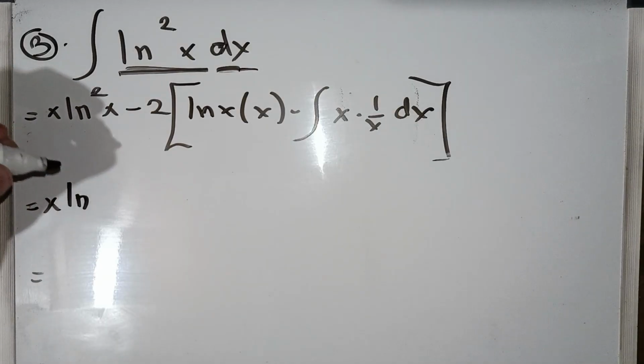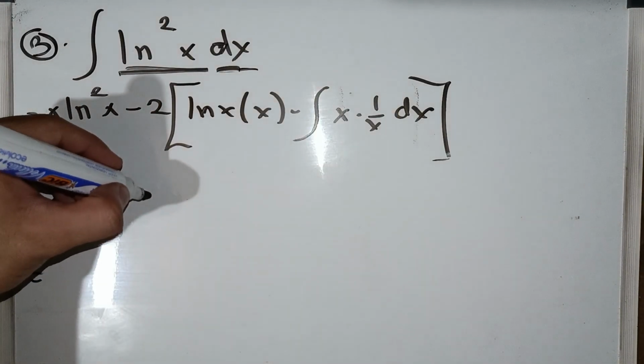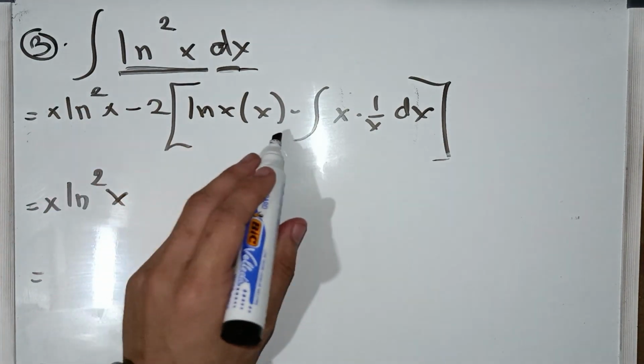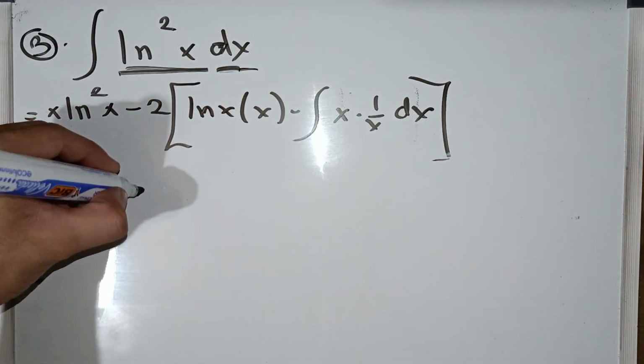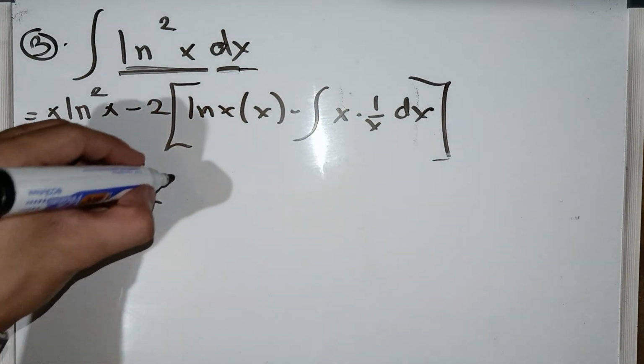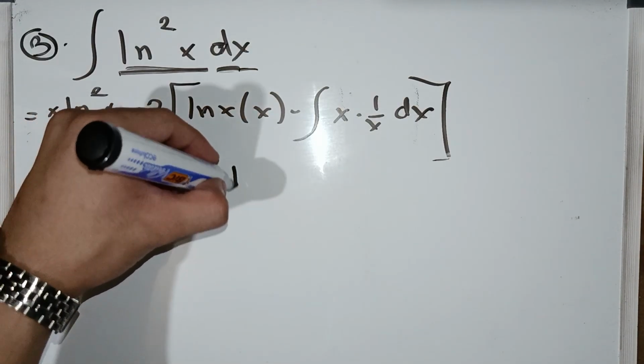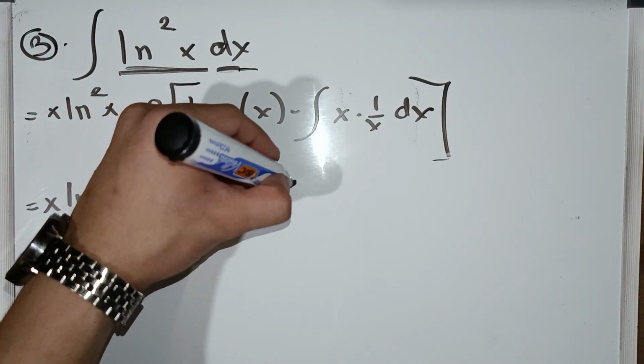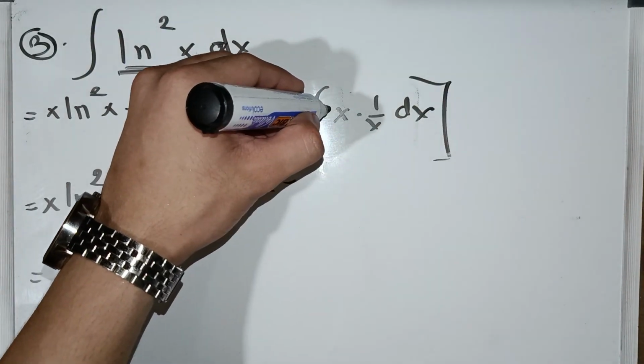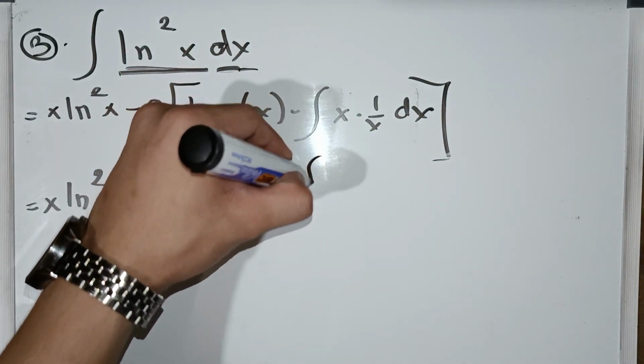That is now equal to x ln square x minus this one, so simplify this, minus 2 multiplied by x ln x minus, cancel this one, so that will become the integral of dx.